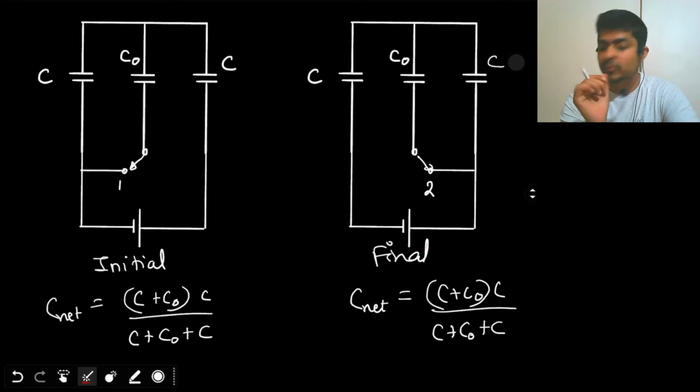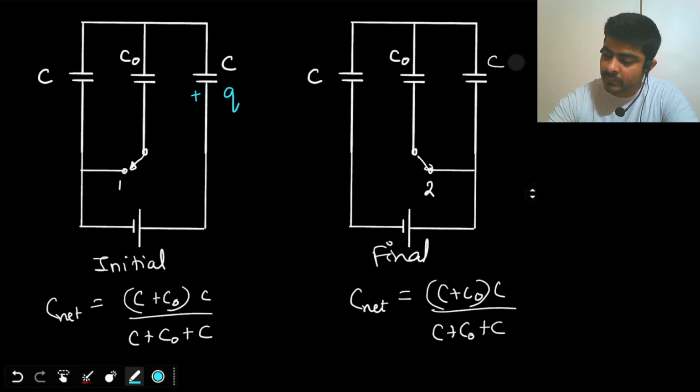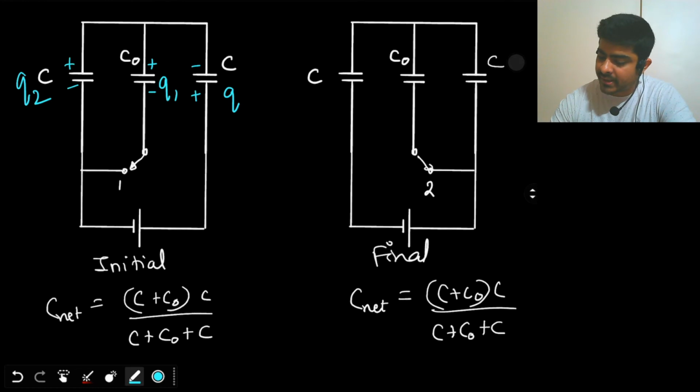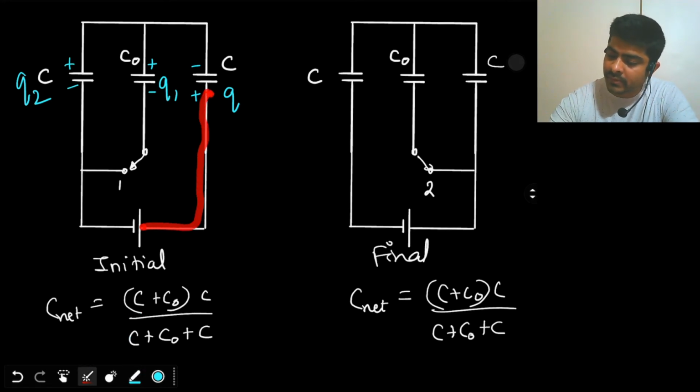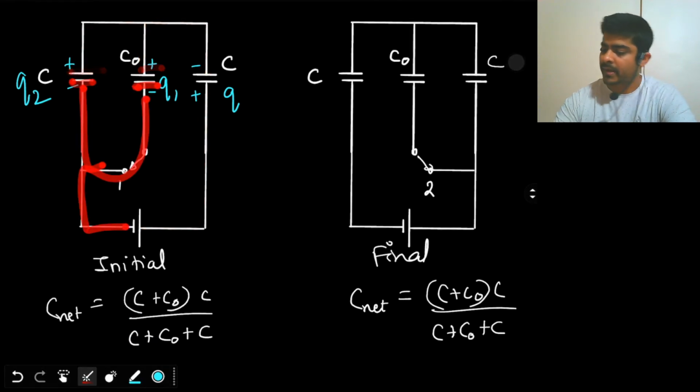No charge flows through the battery, so the work done by the battery will remain 0. Now let's assume the charge here is plus minus Q. Here Q1 plus minus, and this has Q2 charge plus minus. We start from here, we get positive charge Q, then the positive charge gets distributed over here, and here negative charge, and they connect to the battery.